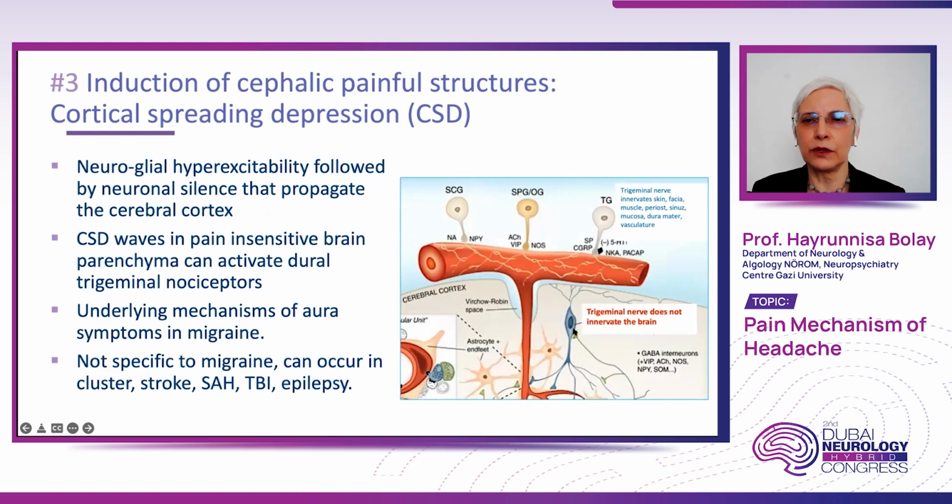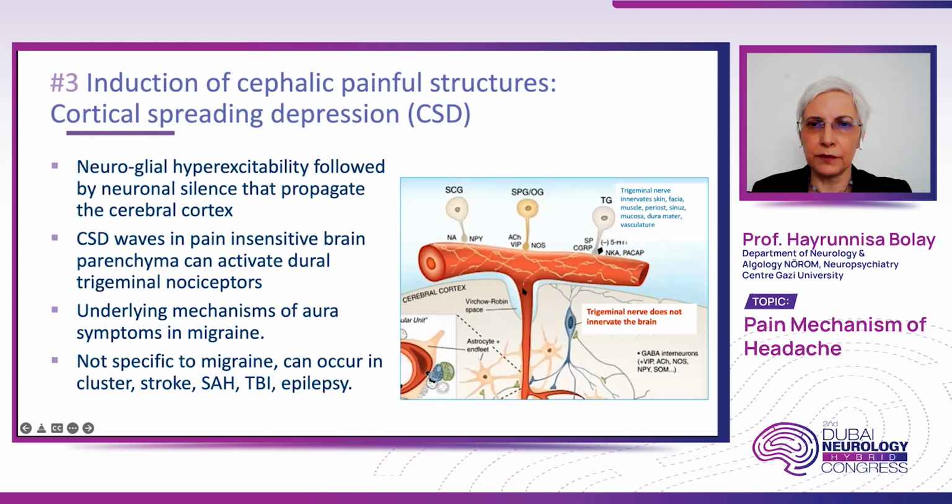There is no trigeminal nerve innervation, but the overlying meninges and dura mater are very densely innervated, particularly the vasculature. And therefore, the mechanism by which spreading depression activates the overlying meninges is important.